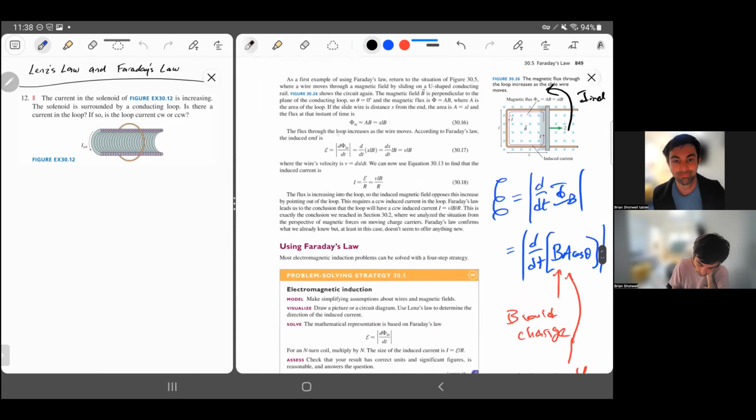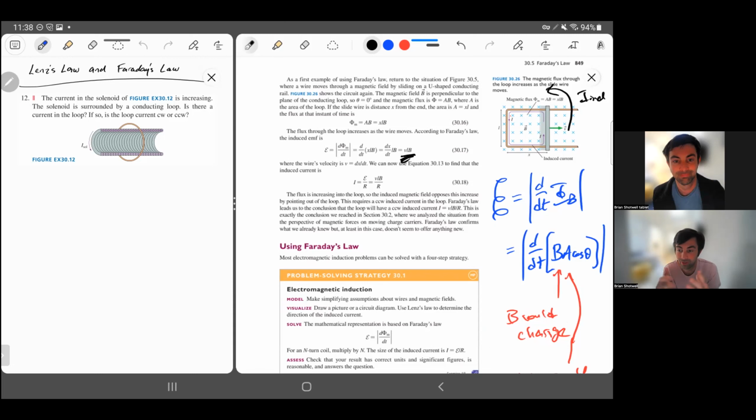When we take the derivative with respect to time of this quantity, we can take out the other two parameters, L and B, and dx/dt is exactly how fast the rod is moving. So when we get vLB for the induced EMF, that's actually the exact same result that we got from the motional EMF equation. So Faraday's law generalizes motional EMF to also account for changing magnetic flux if B changes, which we didn't see in the motional EMF formula.